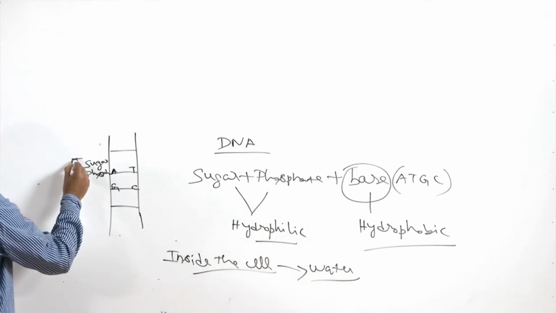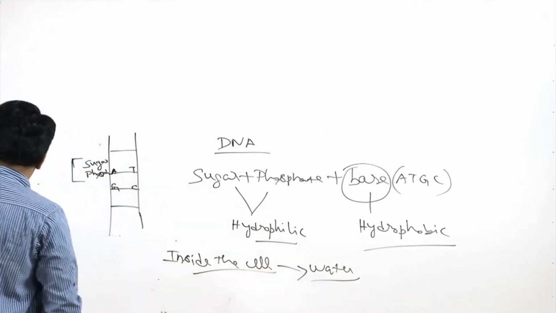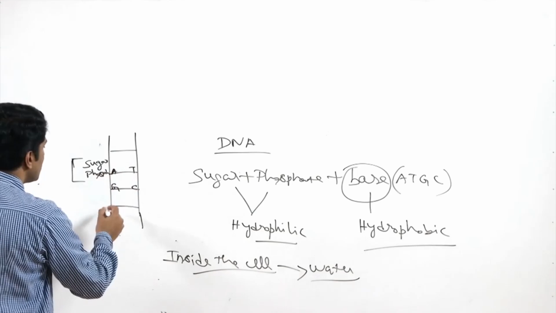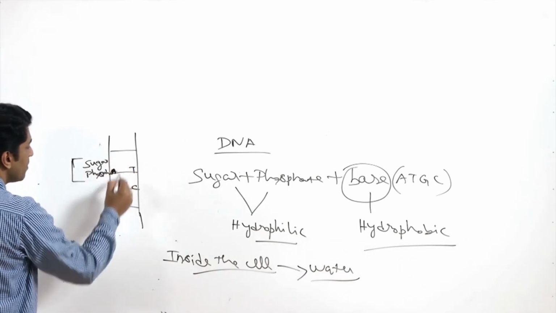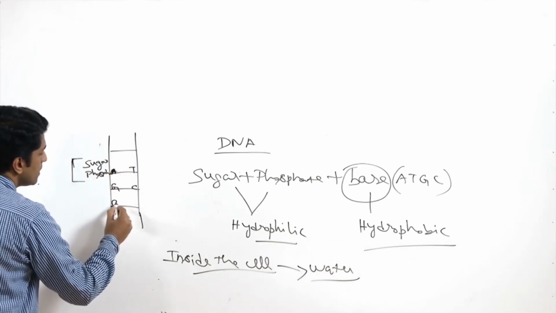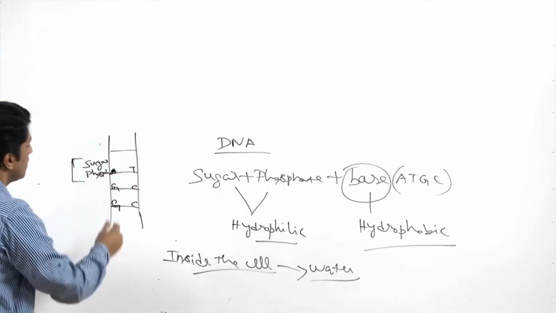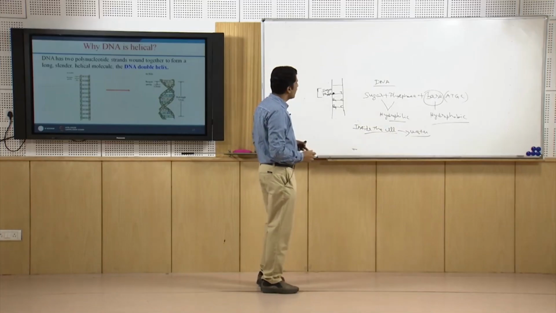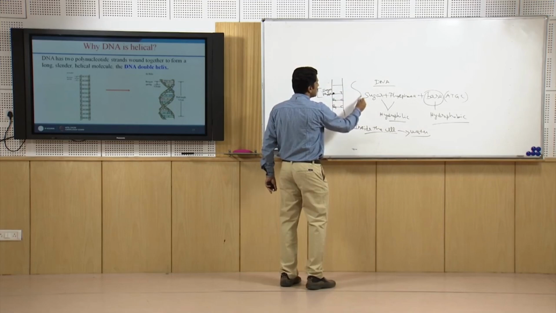Even then, with the bases inside, it could still be a ladder-like DNA structure. So why does it have to attain a helical structure?